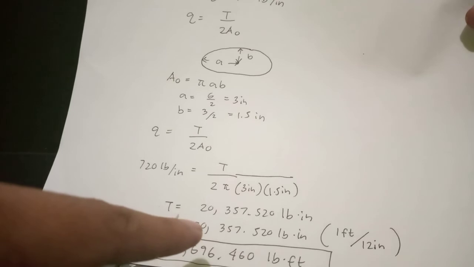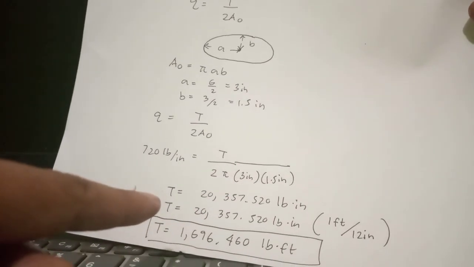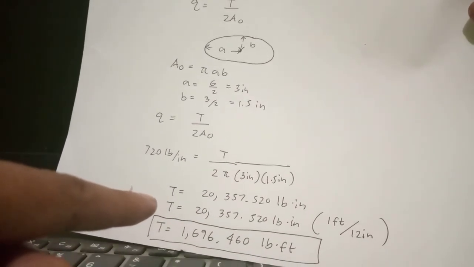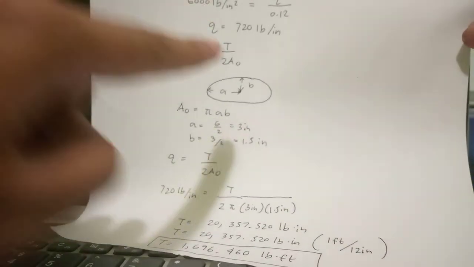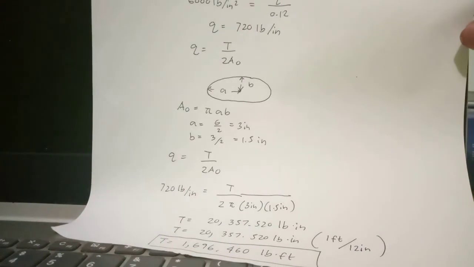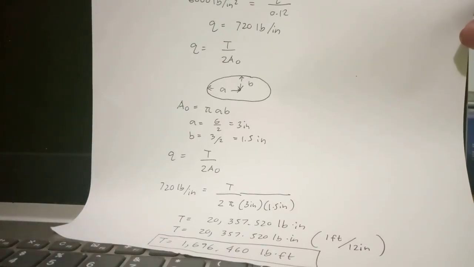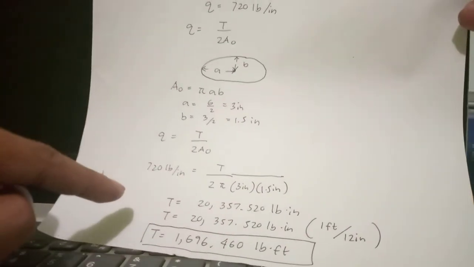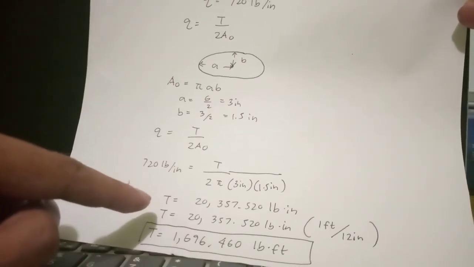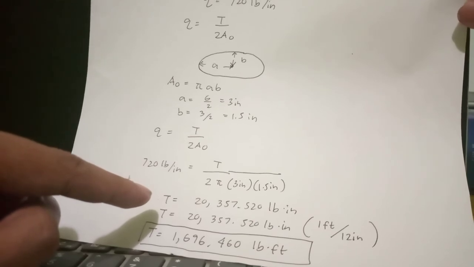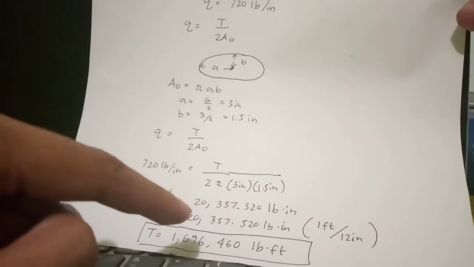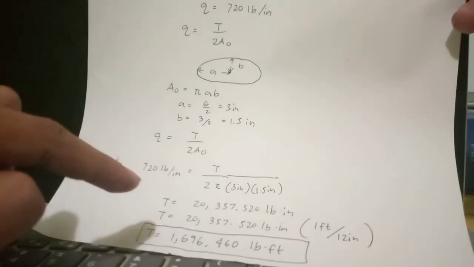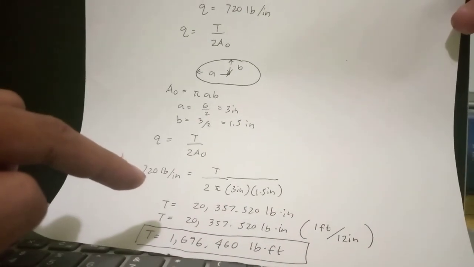we computed the value of T as 20,357.520 pound inch. Since the length that we used in our solution is inch, we convert it into pound foot by dividing by 12, since 1 foot is equal to 12 inch.